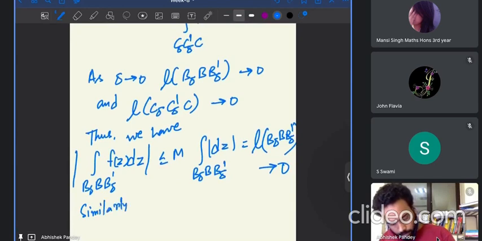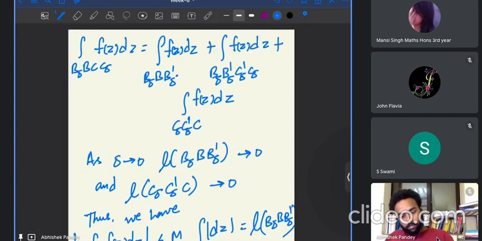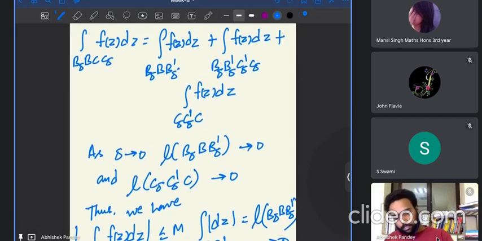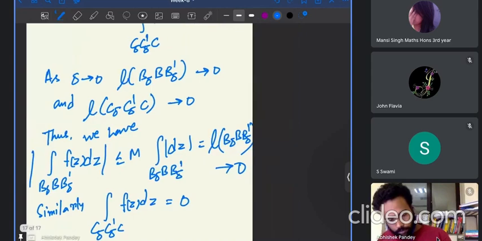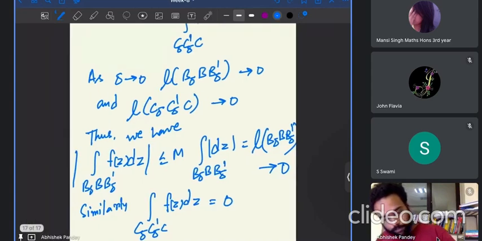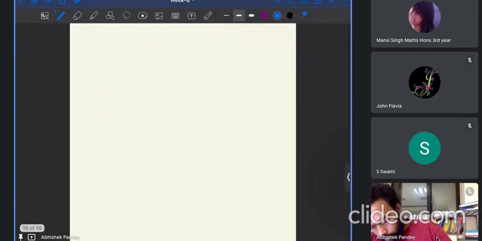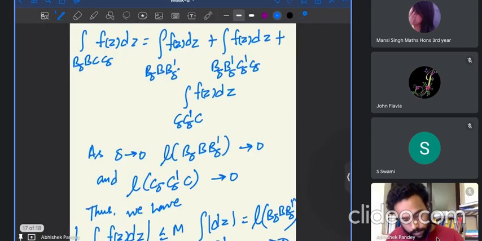Similarly this integral over C delta dash and C of F(z) dz is also 0. So the only thing left is the integral over B delta dash, C delta of F(z) dz. Yeah, this part.